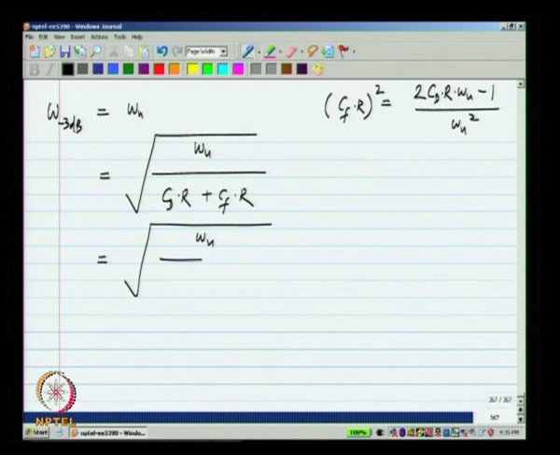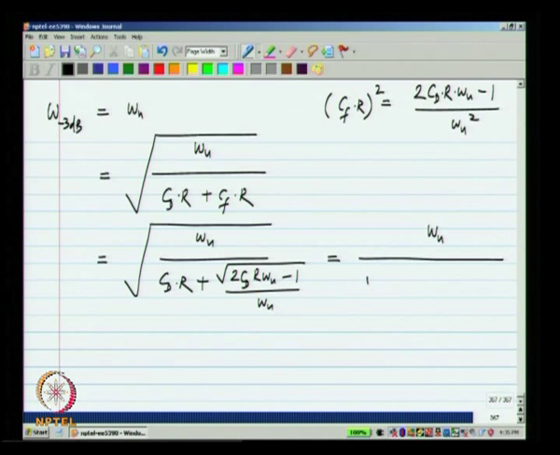square root of omega u divided by CD times R plus square root of this expression, which is 2 CDR omega u minus 1 divided by omega u, and which finally simplifies to omega u divided by omega u CDR plus square root of 2 CDR omega u minus 1, okay, and square root of this whole thing.